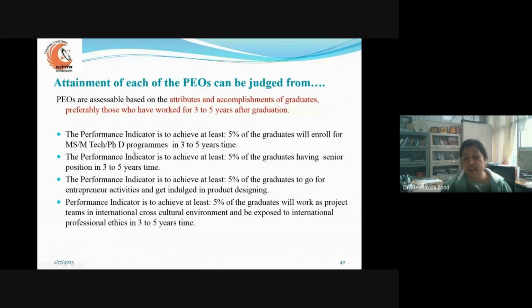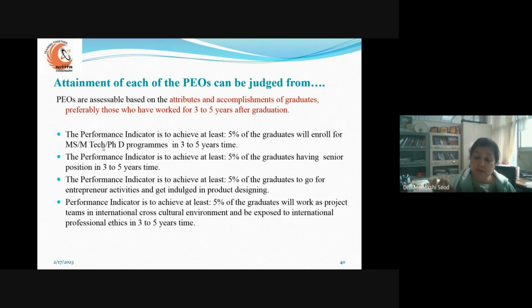Like you can say for the higher studies, how many percentage of graduates have enrolled for MTech, PhD or MS programs. So how do you get the data? The students who are applying for the GATE exam have to have the signatures from the head of the department while filling the GATE exam form, right, or filling it for the MS. So whenever the head of the department is signing that, you keep a photocopy of that page, so it will be a record that these many persons applied for the GATE examination.